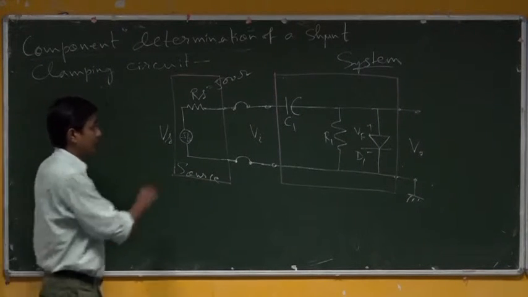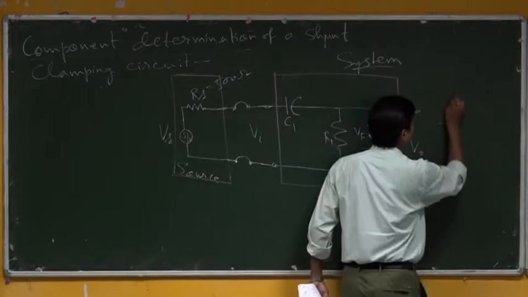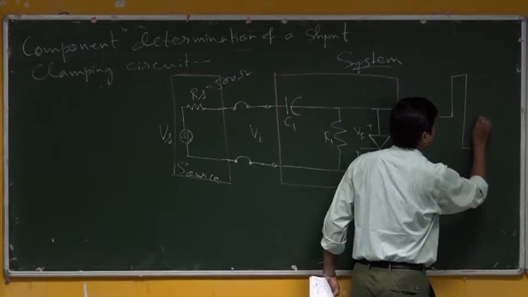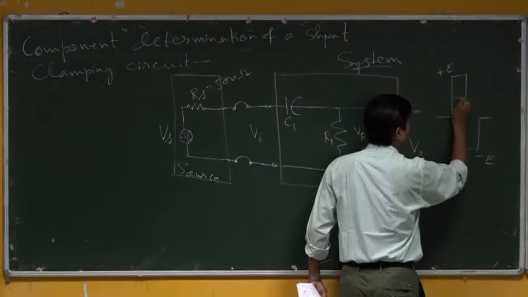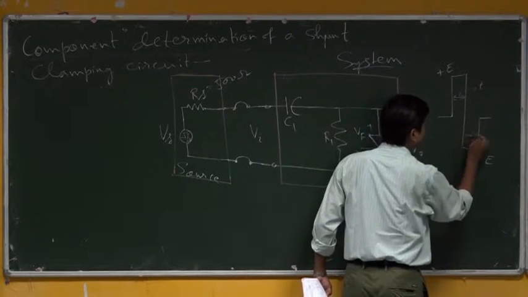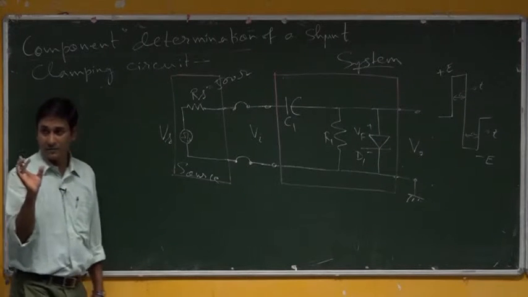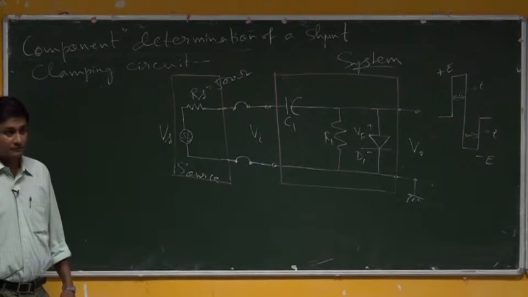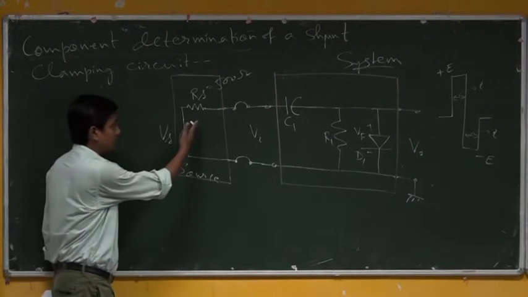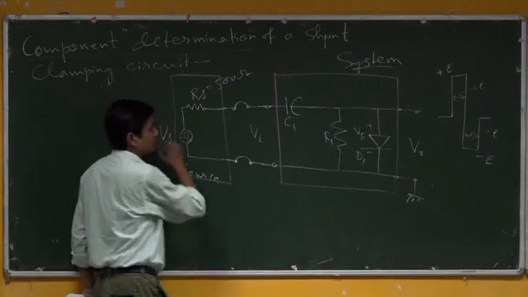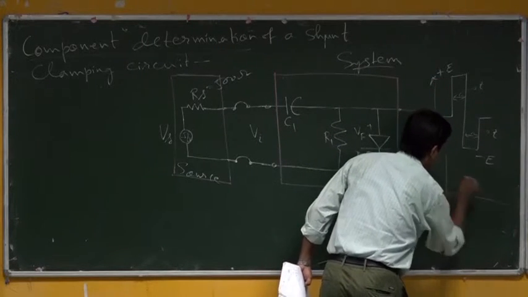So, at the beginning, we will start discussing an input voltage going from plus E to minus E, where the width of the pulse is T here, and here also it is T.